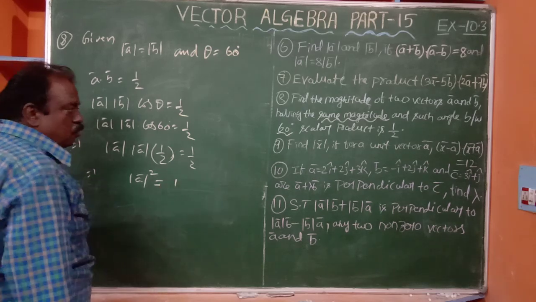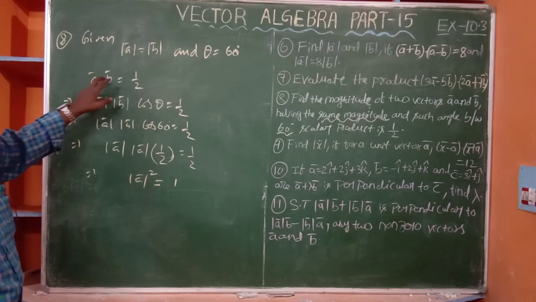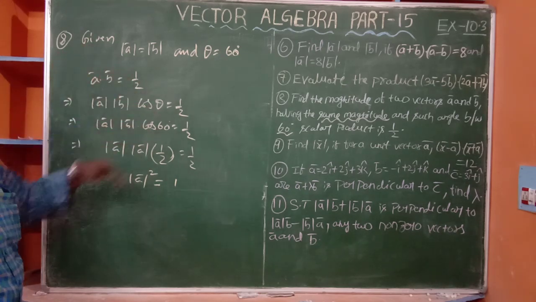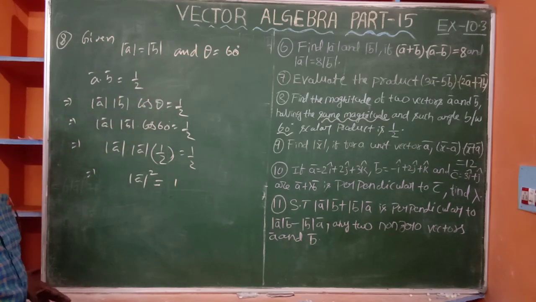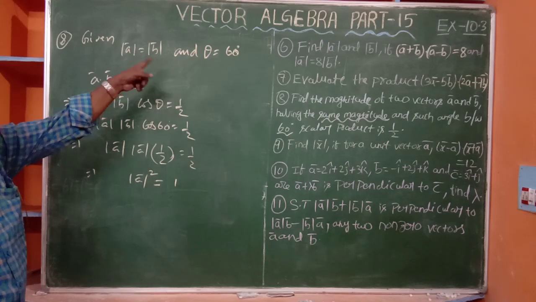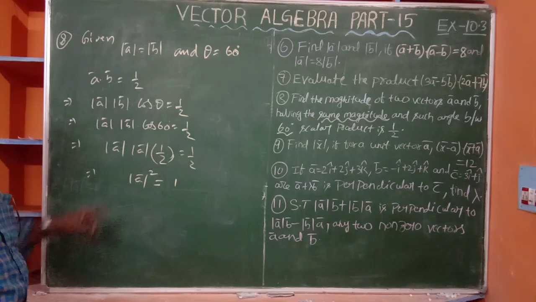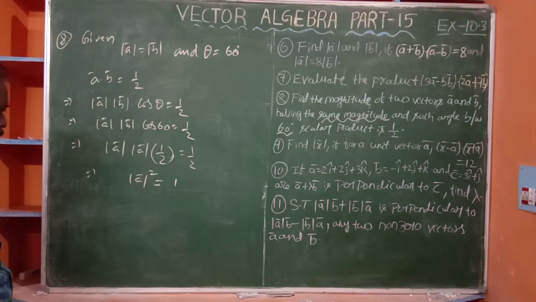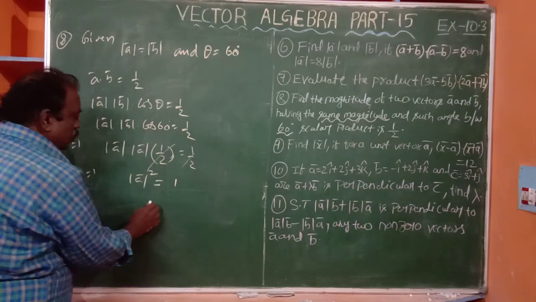You see that? Observe. The dot product between two vectors a bar and b bar, the definition is there: modulus of a bar, modulus of b bar, cos theta. We are given theta is equal to 60 degrees. I substituted it. And modulus of b bar is nothing but modulus of a bar. So it is written modulus of a bar, so it is a square. And here the 1 by 2 cancels. We get 1 there.